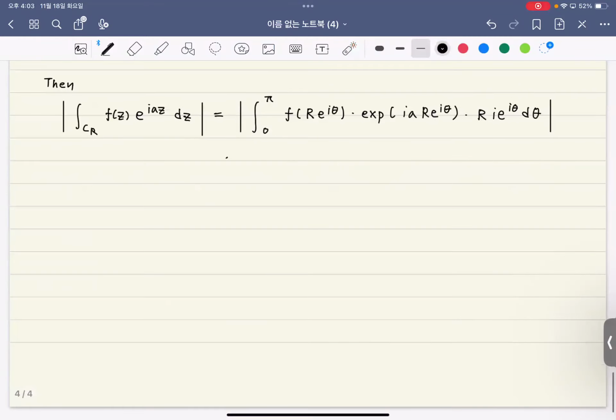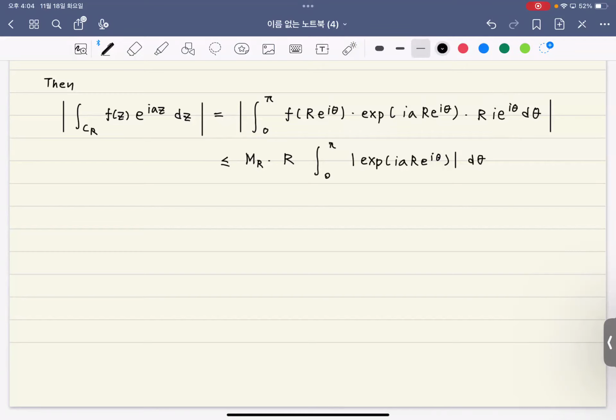So this is bounded by M_R times r, which is now out of the integral, and from 0 to pi of exp i a r e to the i theta. The modulus of the factor e to the i theta is just 1, so I can simply ignore this. So we have this inequality.